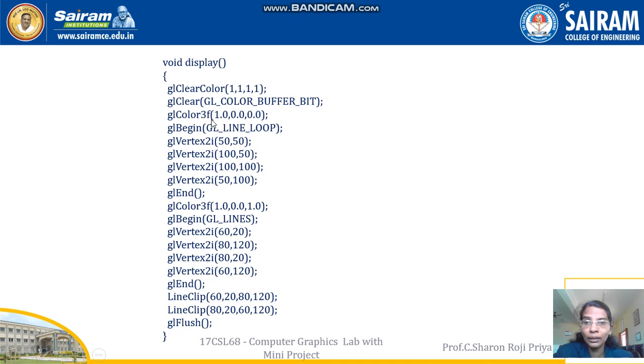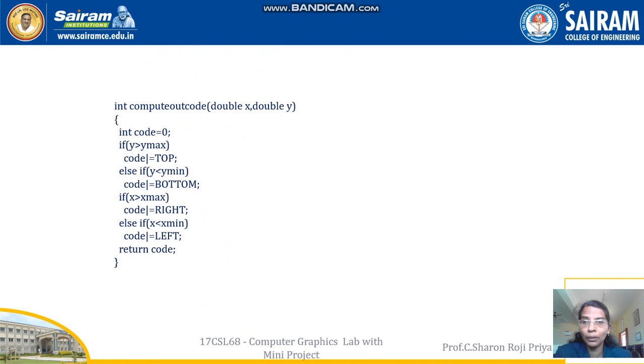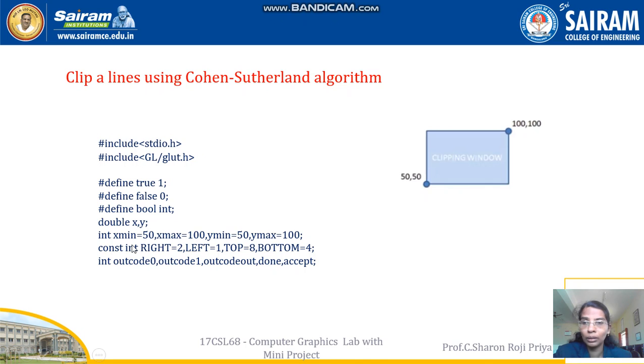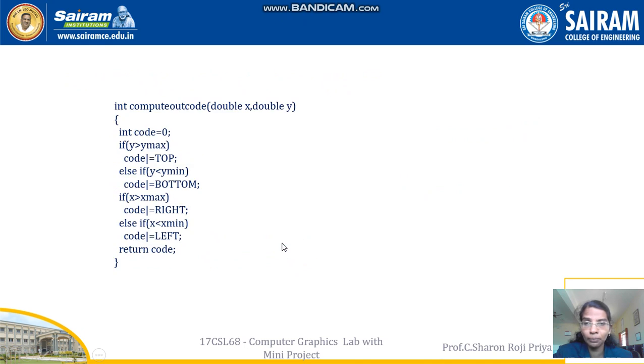You have made R as 1, so you'll get your clipping window as a red color window. Right, and my primitive I am using is GL_LINE_LOOP. Right, and I have to specify the 4 vertices of my clipping window, and in the beginning of your program, your clipping window xmin, xmax, ymin, ymax value has been specified.